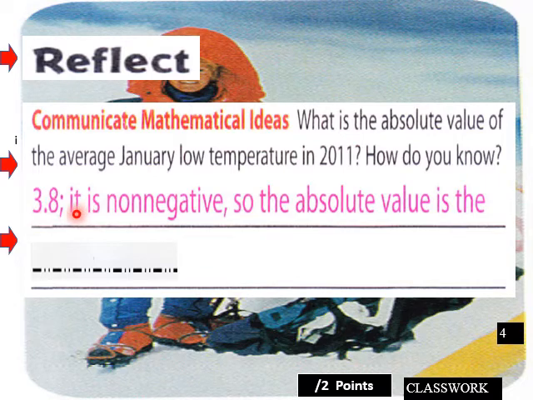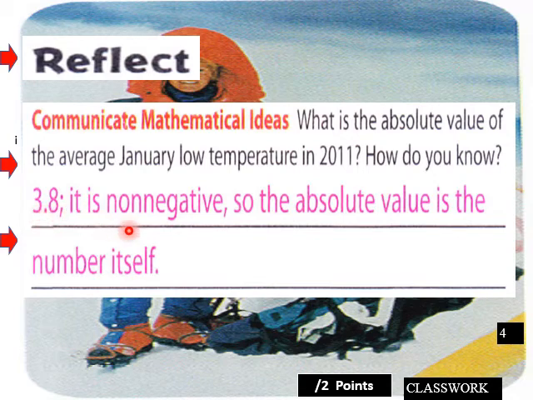It is positive, a non-negative, so it doesn't show up as a negative. But how far is it from 0? It's 3.8, right? So the absolute value is the distance from the origin. In this case, it is the number itself. 3.8 is the absolute value of the January low temperature in 2011.